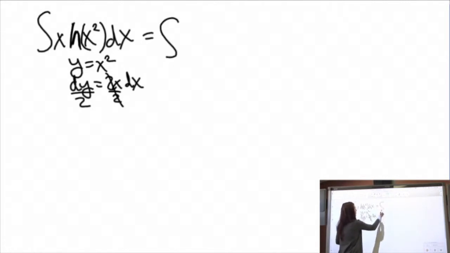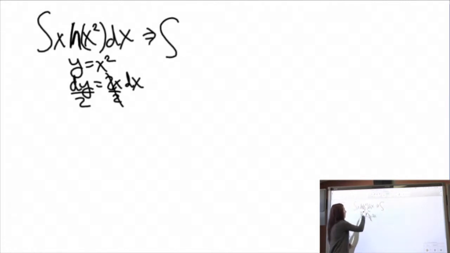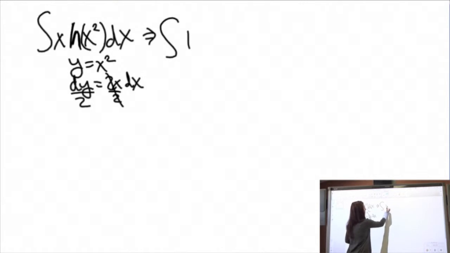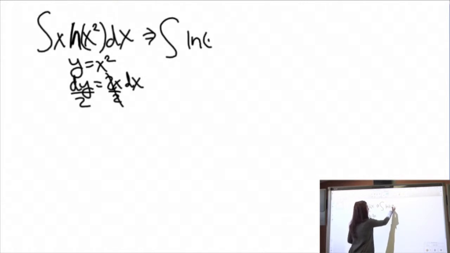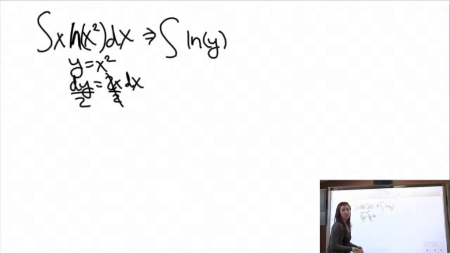So now we look in here and we see what matches our u sub. We see that our x squared equals y, which is in the natural log, right? So we have natural log of y. And then we see that there's an x and a dx.